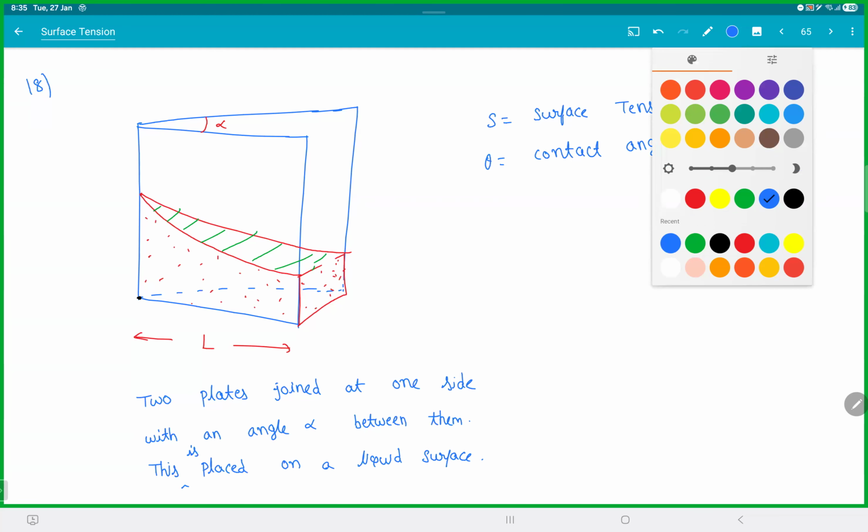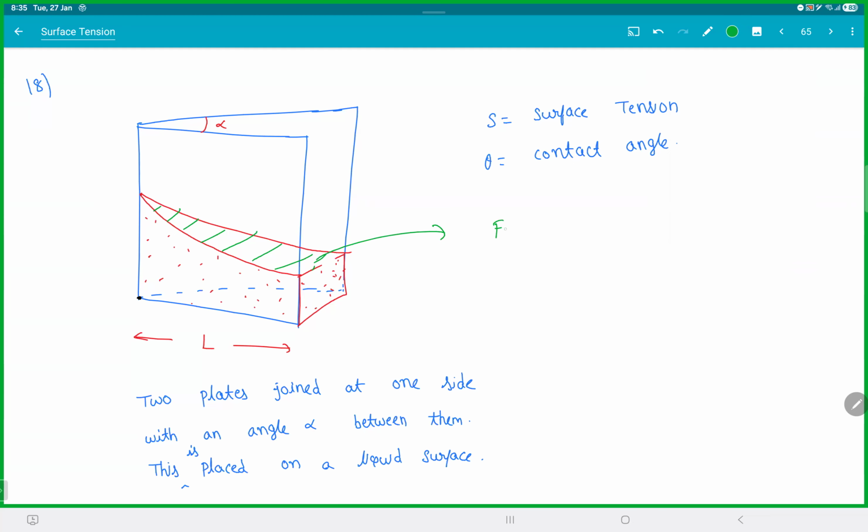I want you to find the equation of this liquid surface. Basically, I want you to find the shape of this edge. You can choose one side as x-axis and the origin as that corner.